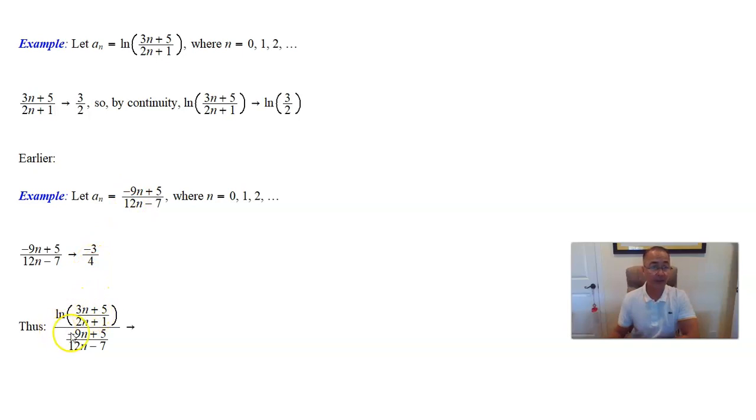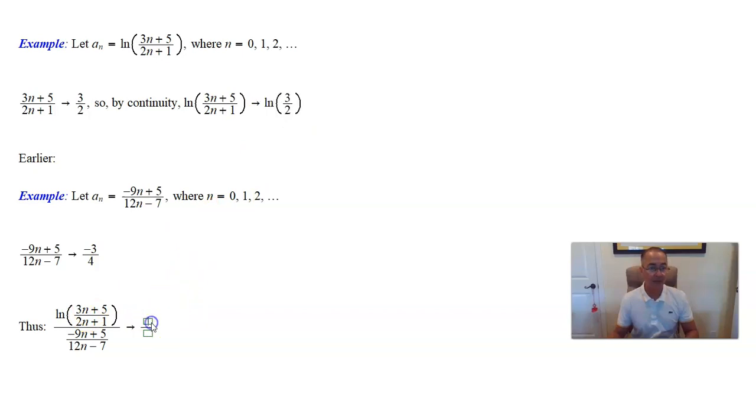Okay, so if we simply divided these two sequences, again, we're not dividing by 0. That only becomes 0 when n is 5/9, not an integer. We are safe. So the limit of that sequence, which is a quotient of our two examples, is simply the quotient of the two limits. For the numerator, the limit is ln of 3/2.